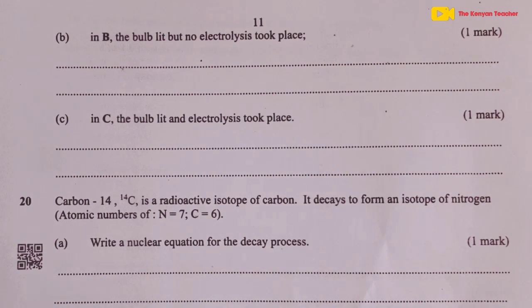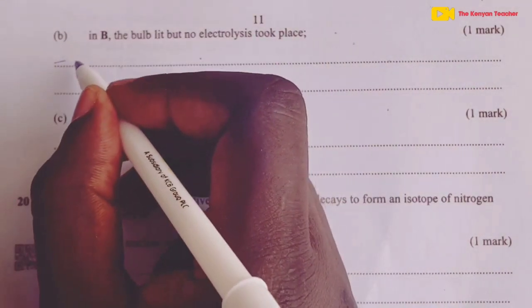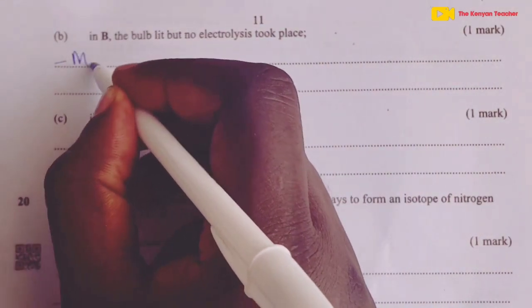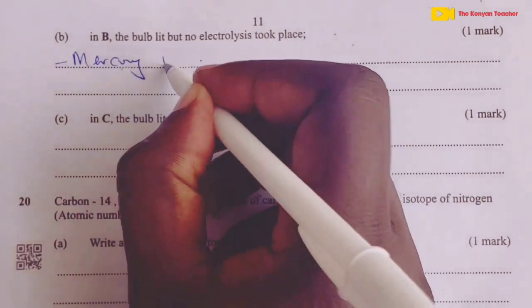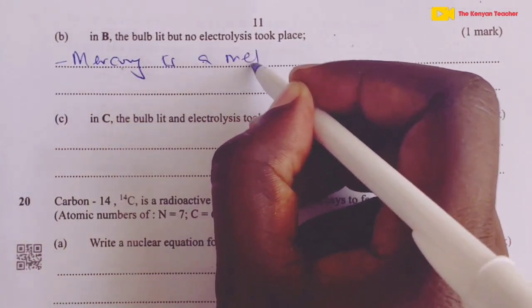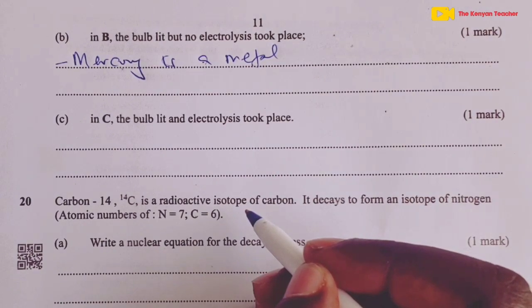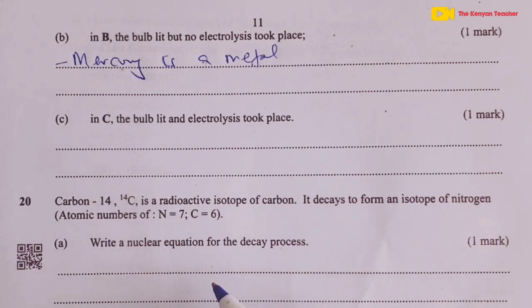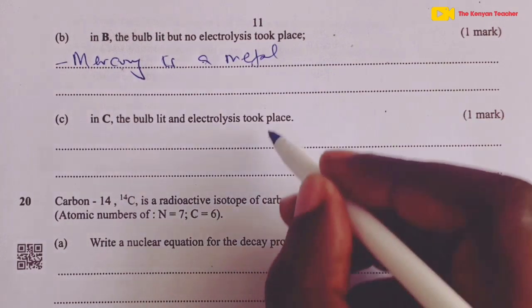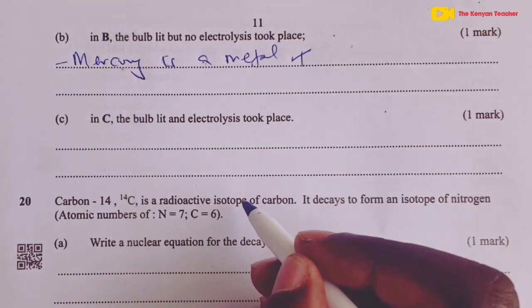So here, the bulb would actually light because mercury is a metal. Instead of saying mercury is a metal, we could also explain that mercury is a good conductor of electricity, or that mercury has delocalized electrons for the first half mark.